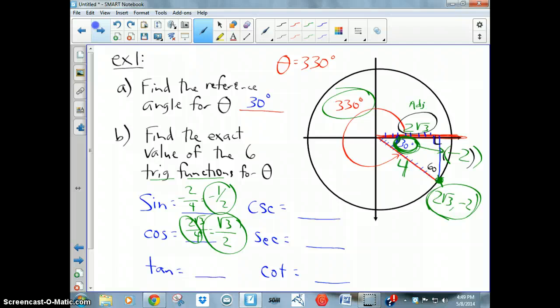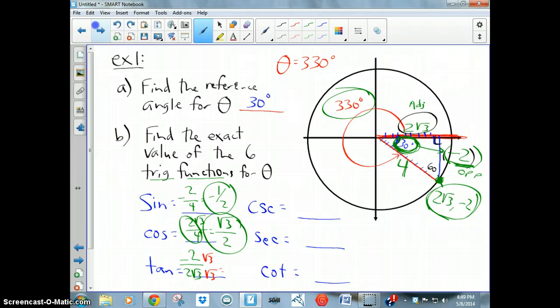The tangent of 30. Tangent is opposite over adjacent. That's negative 2 over 2 square roots of 3. Now, we all know you can't leave square root of 3 in the denominator, so I'm going to times top and bottom by square root of 3.